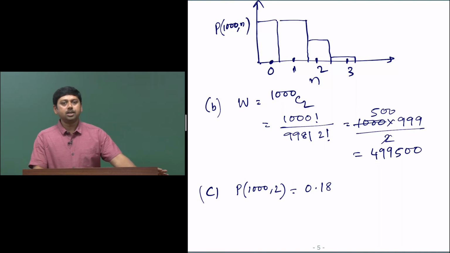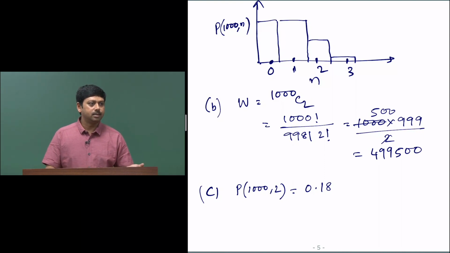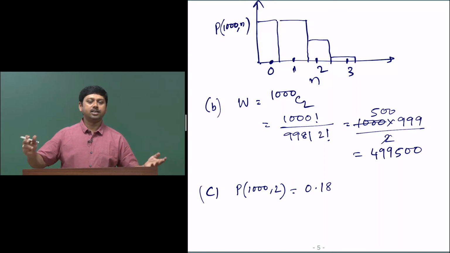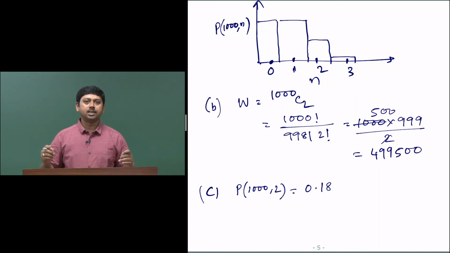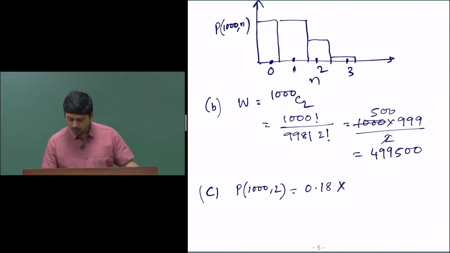But that time we considered mutations can be at any place. It can be at 1 and 2, it can be at 3 and 4, it can be at 3 and 27, it can be at any 2 places. And how many such possible combinations are there? 1000 C2. Now, those 1000 C2 we have multiplied in order to get that. Now, we have to divide by those 1000 C2, because here the positions of the mutations are very specific. So, they cannot interchange.